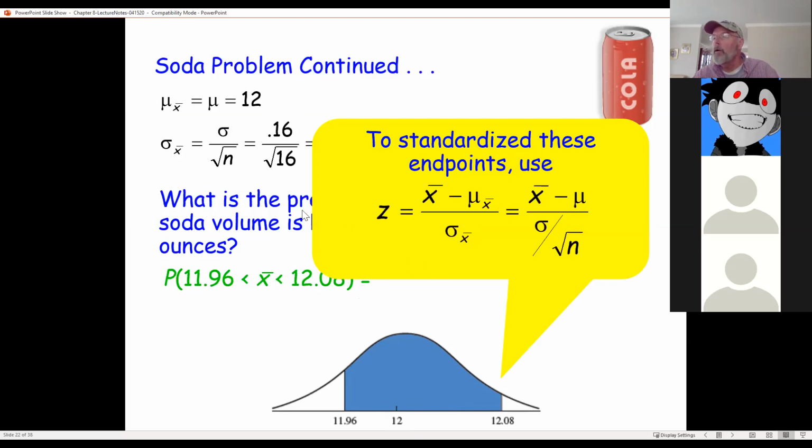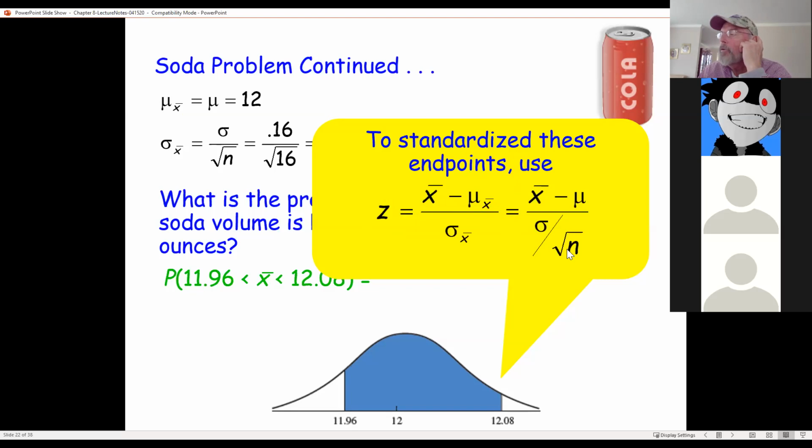Here are the z-scores that we want. We're going to use a sample mean here, and mu is the same as the population mean.